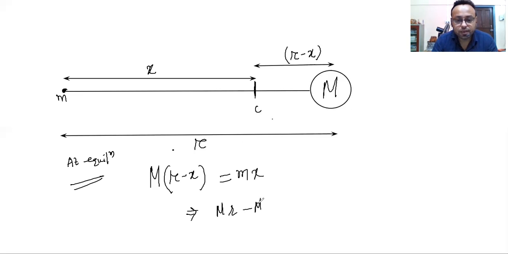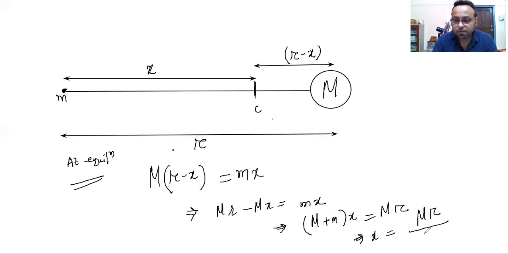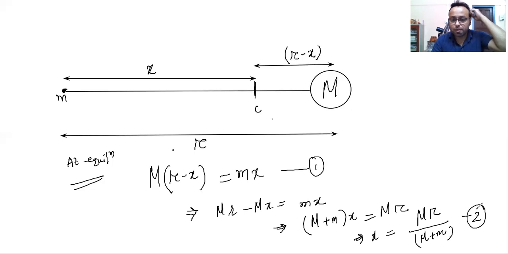Mr minus Mx equals mx, or I can take this side over, so I'll get (M plus m)x, and this side I'll have Mr, or I can write x equals Mr divided by (M plus m). This is equation number 2, and the earlier one is equation number 1. So I got the x value: x equals Mr divided by (M plus m).